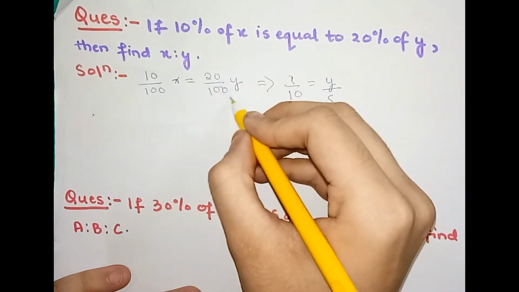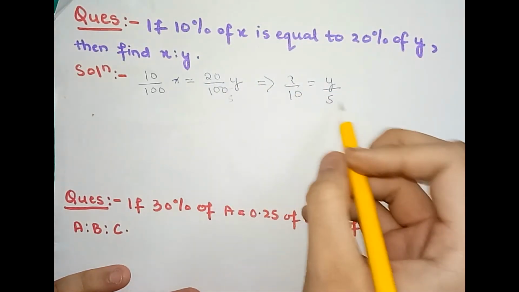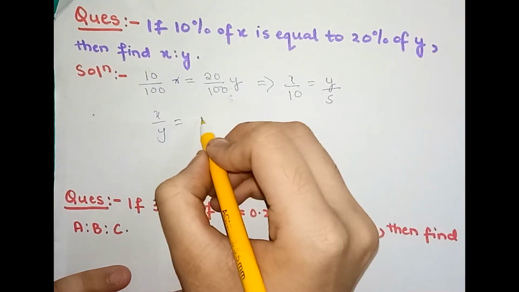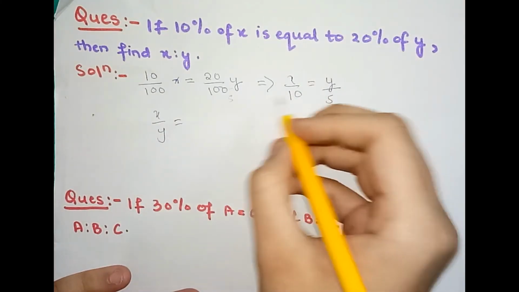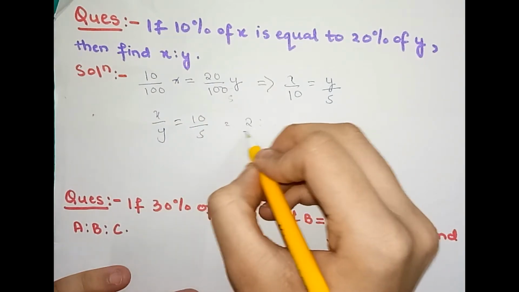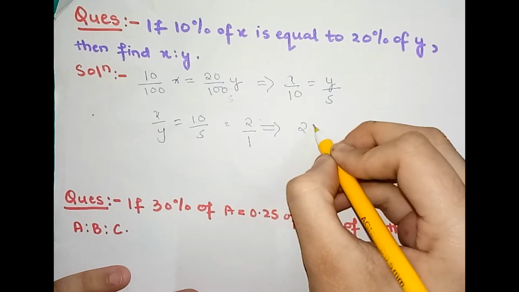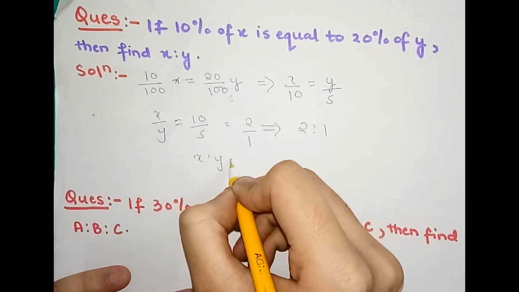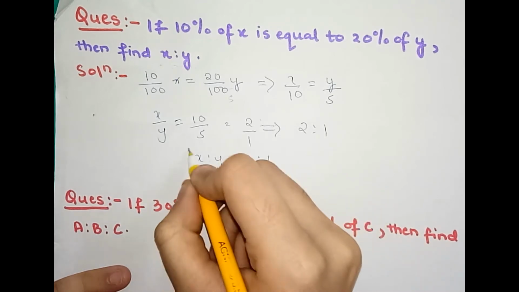Or you can say that X by Y, cross multiplying, is equal to 10 by 5, that is equal to 2 by 1, which is 2 is to 1. Since you have to find the value of X is to Y, it will be equal to 2 is to 1, right?